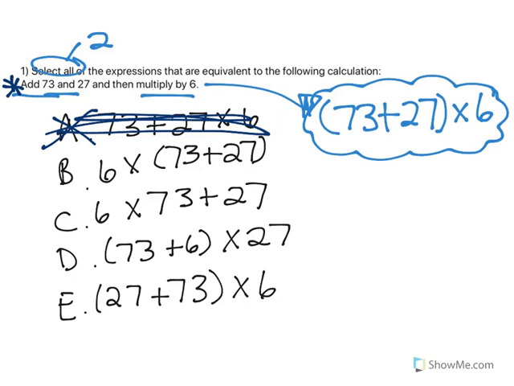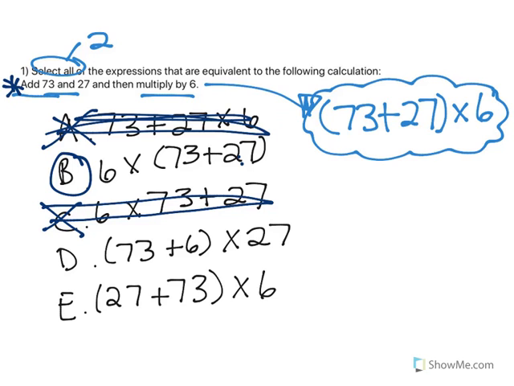If we look at B, we see that it's 6 multiplied by 73 plus 27 in parentheses. So this is one of our options, because again, we're adding 73 and 27 first and then multiplying by 6. Option C is not an answer, because again, we have to multiply first before we can add.